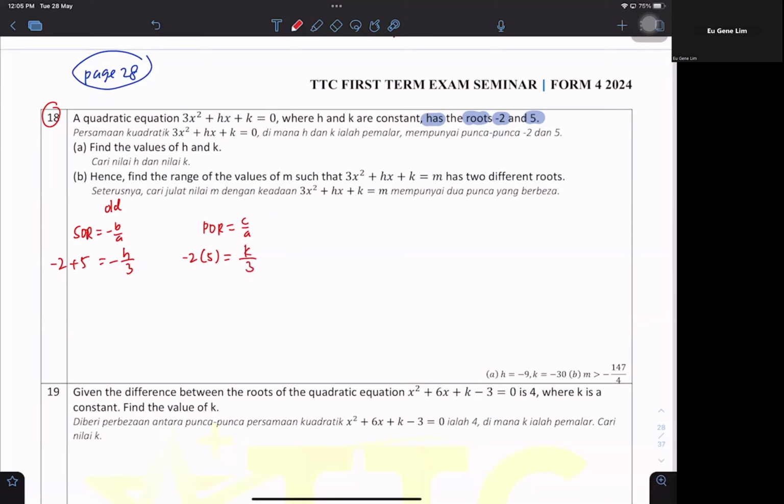So from here you can find h and k. -2 plus 5 is 3. Bring over, h equals -9. -10 equals k over 3, so k equals -30. Understand?